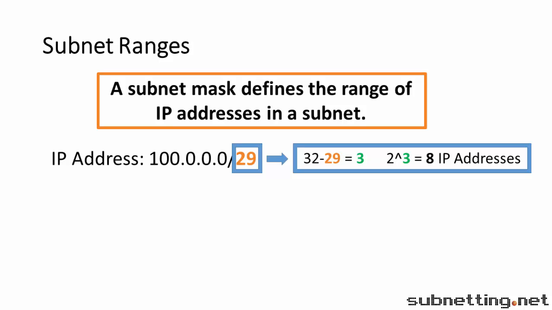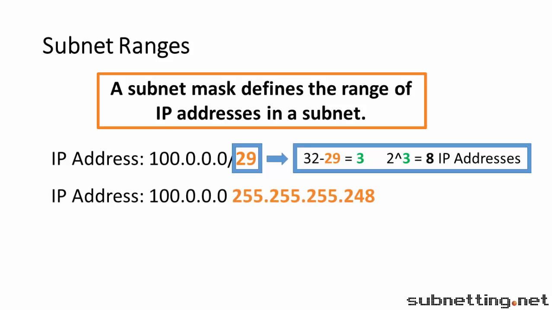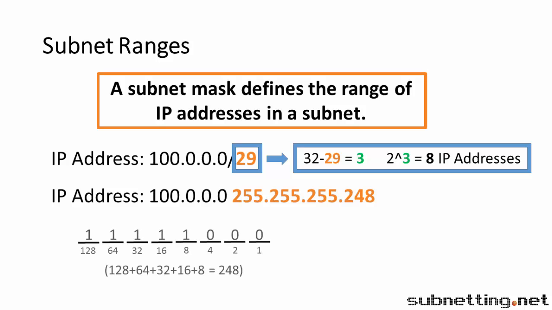If instead of shorthand notation the subnet mask is written using decimal, like this, you have a couple of options. You could convert 248 into binary, then count the number of 0 bits, see there are 3, and then 2 to the third power equals 8, just like converting decimal into shorthand notation.